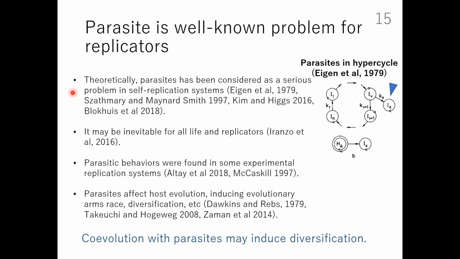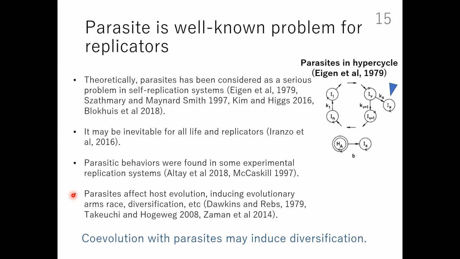And in later studies, many theoretical biologists include the parasite in their systems. It is also known that a parasite may be inevitable for all life and replicators. And actually, in some experimental models, parasitic behaviors are found. And also, it is known that parasites affect host evolution, inducing an evolutionary arms race, diversification, etc.